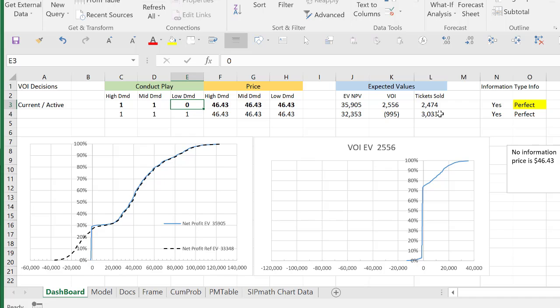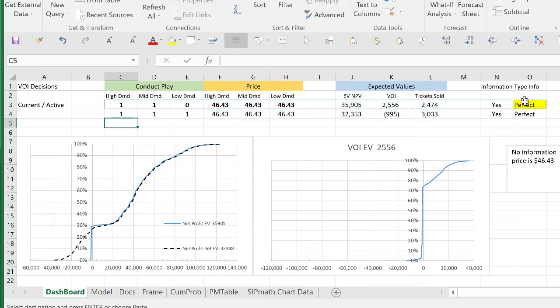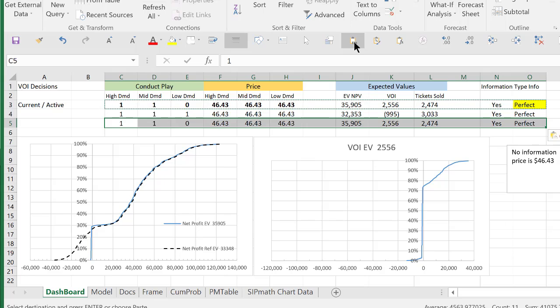And we did improve the net expected value, NPV, which went up to 35.9. Let's just capture that, and we'll put it right down here. And so that's looking much better. The value of information is 25.56.